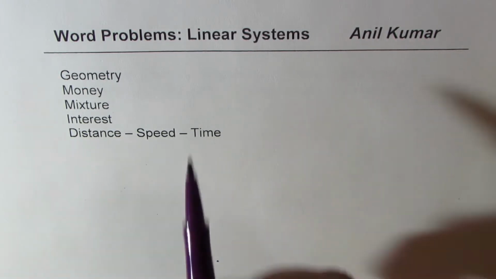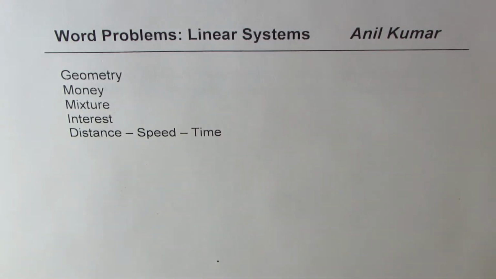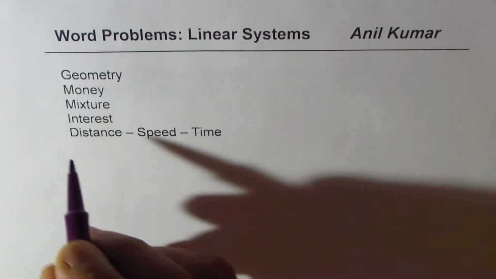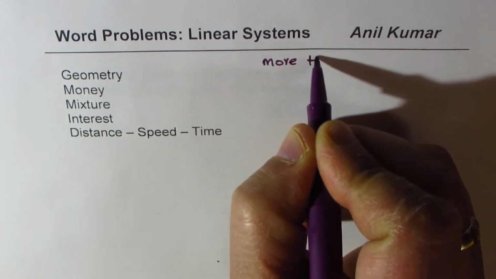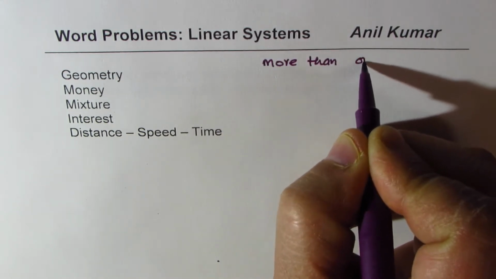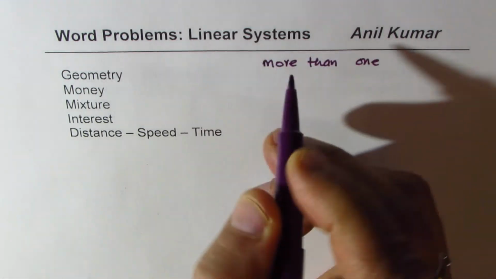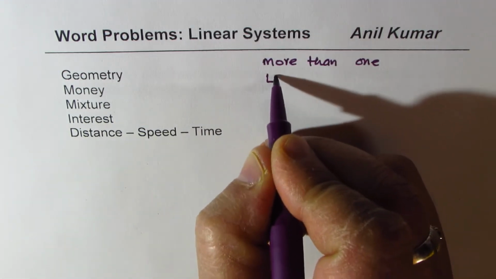When we say linear systems, we mean more than one equation. So we'll be dealing with more than one equation, in this case, more than one linear equation.